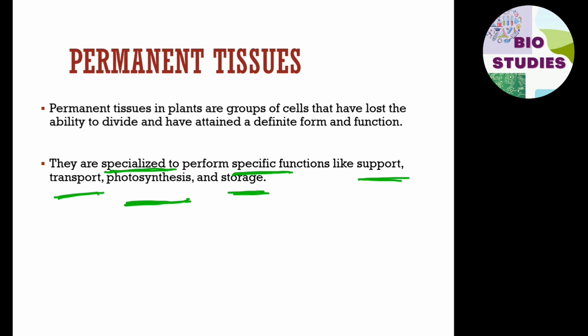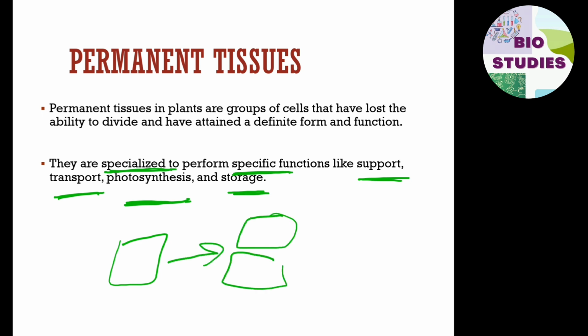Listen, it's a very easy thing. Meristematic tissues are made up of cells that have the ability to divide. One cell divides into two by periclinal or anticlinal division. But here the term permanent itself suggests the cells lose the ability to divide.